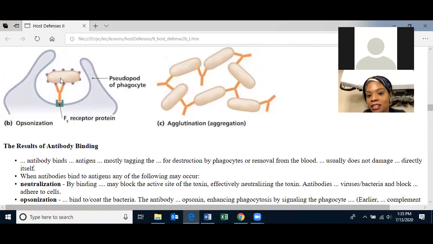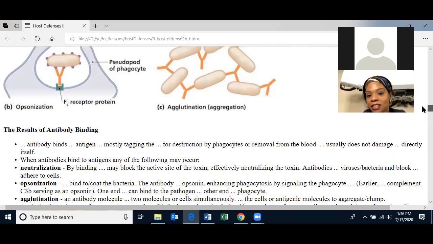So it's flagging the pathogen, but also the antibody acts as a bridge to help bind the white blood cell, the phagocyte, to the pathogen, meaning one side of the antibody binds to the pathogen, and that's the Y side, and then the other side, the tip of the Y, binds to the phagocyte. And so this antibody is acting as a bridge to connect the phagocyte to the pathogen.